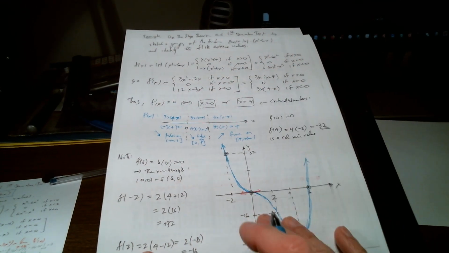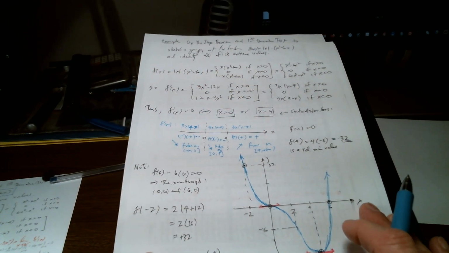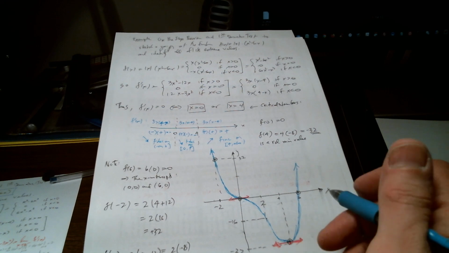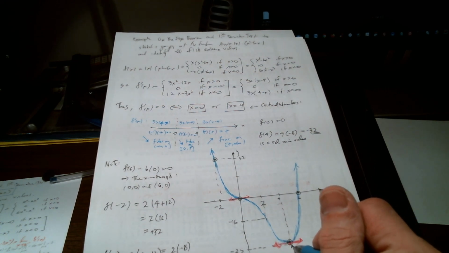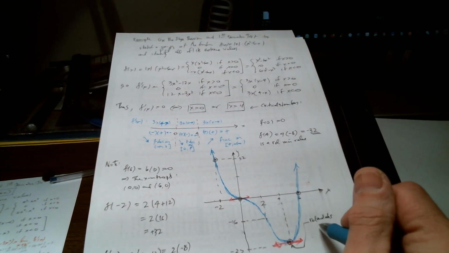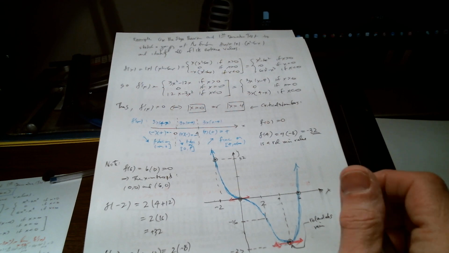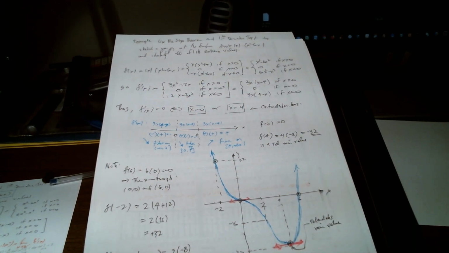So this would be a rough graph of the function, and we see that f of 4 is minus 32. This would be the relative and the absolute minimum value for our function f.